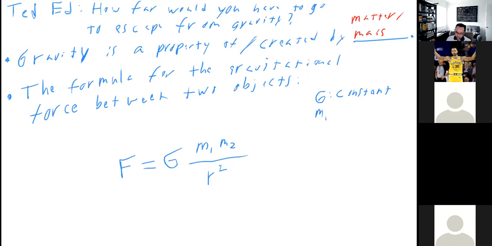M1 and M2 are the masses of the objects.